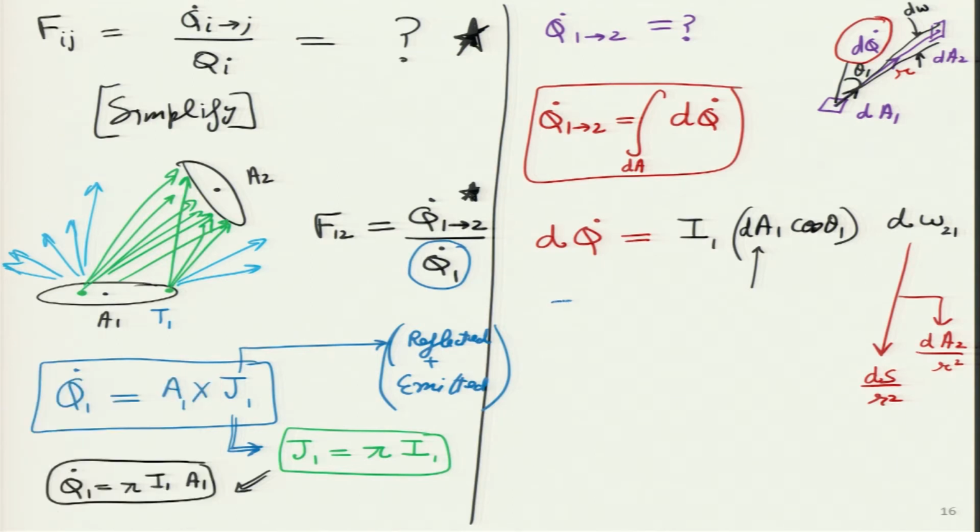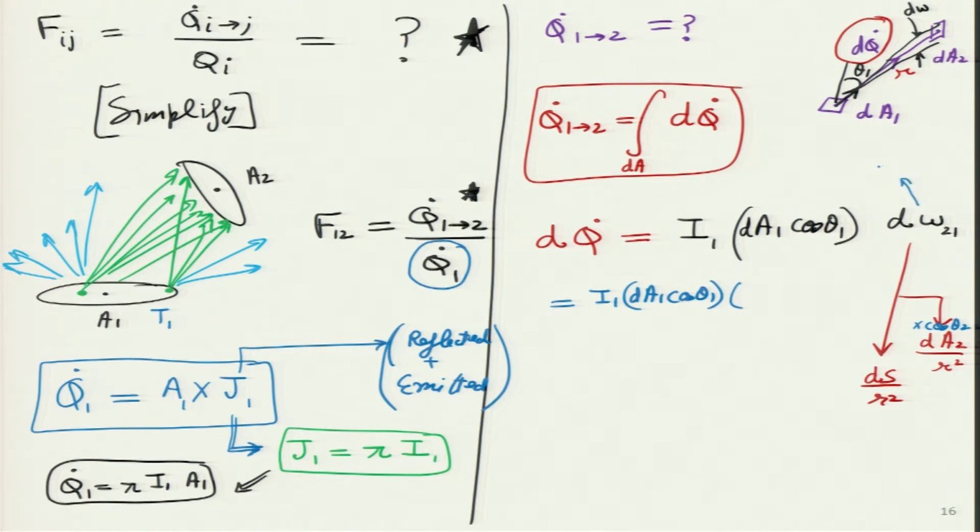which means I can plug all these things in over here, and I will rearrange the equation to make it a little bit neater. It will become I1 dA1 cos theta 1, and d omega will be dA2, and also we have to take the normal component of that, which means it will be multiplied by cos theta 2. It is not very neat over here, so I will make it neater. See d omega 2, let me rewrite it over here.